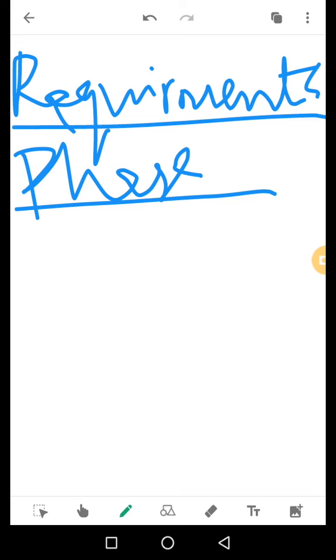Software architecture, control hierarchy or program structure, structural partitioning, data structure, software procedure, then information hiding. You know this information hiding, I mentioned it in the module 1, that is first module.